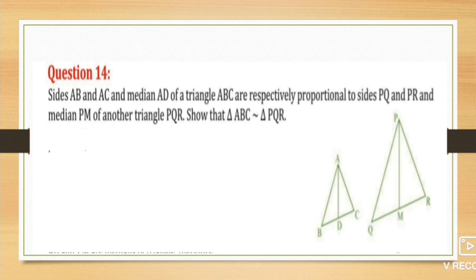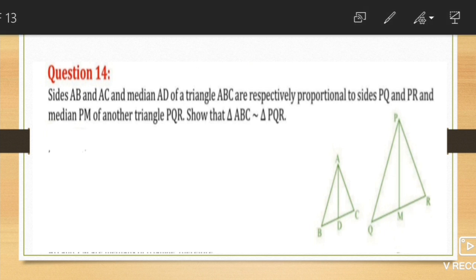Now we'll discuss question number 14. Sides AB, AC and median AD of triangle ABC are respectively proportional to the sides PQ, PR and median PM of the triangle PQR. You have to show that triangle ABC is similar with triangle PQR. So first of all, let's check what is given. Given that AB side, AC side and median AD are proportional with PQ, PR and median PM.